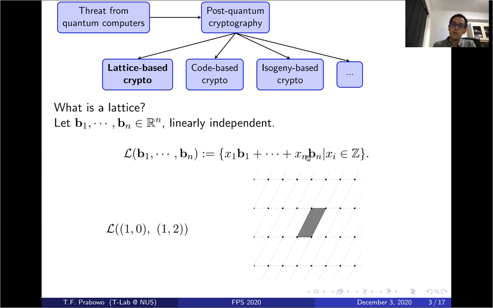For example, when n equals 2, we have these two vectors, (1, 0) and (1, 2). They are linearly independent. So assuming this is the origin, we have this (1, 0) here and (1, 2) here. What we can do is take integer multiples of this point. For example, 2 times this (1, 0) becomes (2, 0), then (3, 0), (4, 0), and so on.